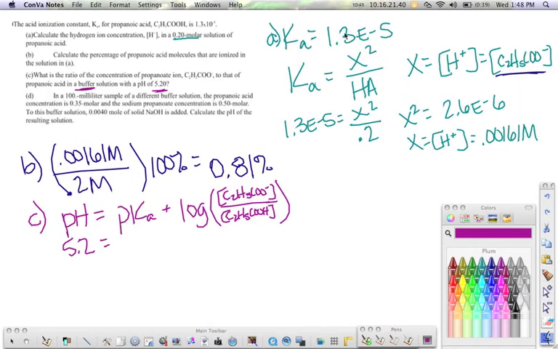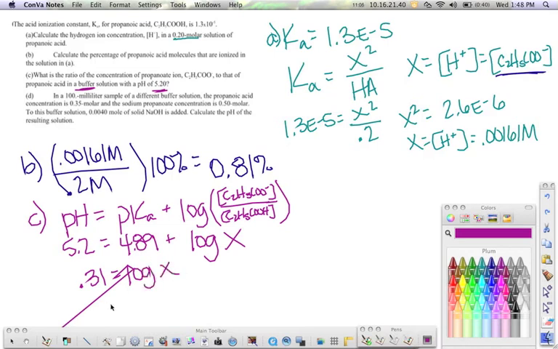So negative log of 1.3 times 10 to the negative 5 works out to 4.89, plus the log of, I'm just going to go ahead and call this X. So rearrange this stuff and you end up with 0.31 equals the log of X, therefore X is equal to about 2.06, which is basically 2, so you have a ratio of 2 to 1.